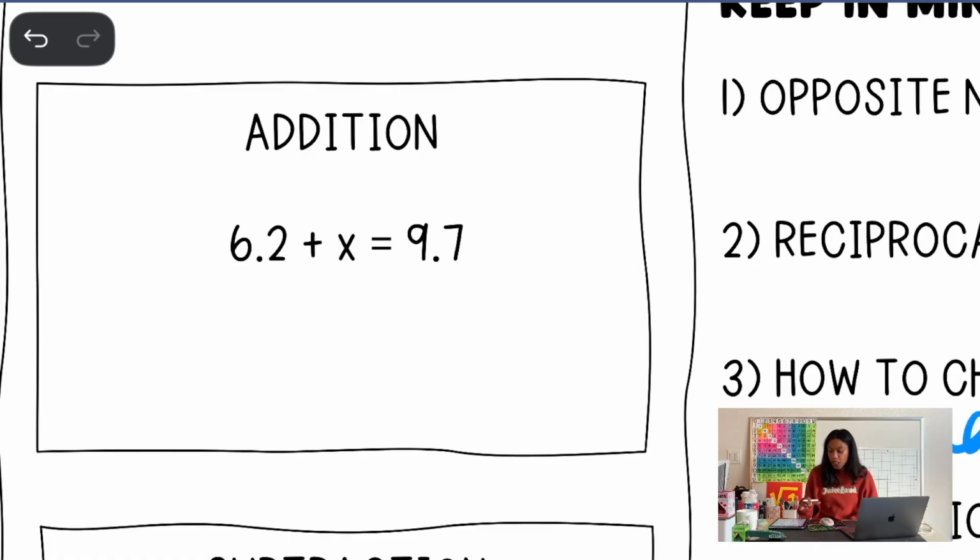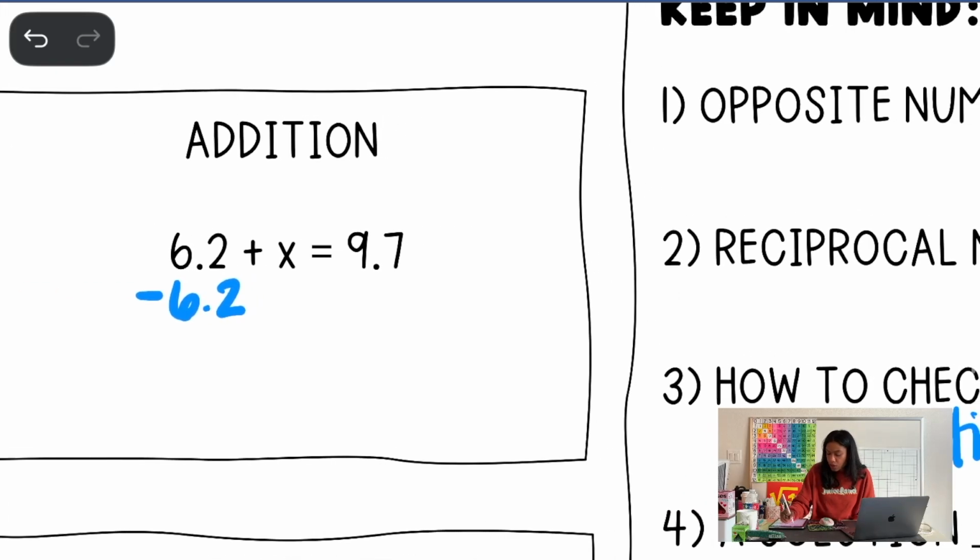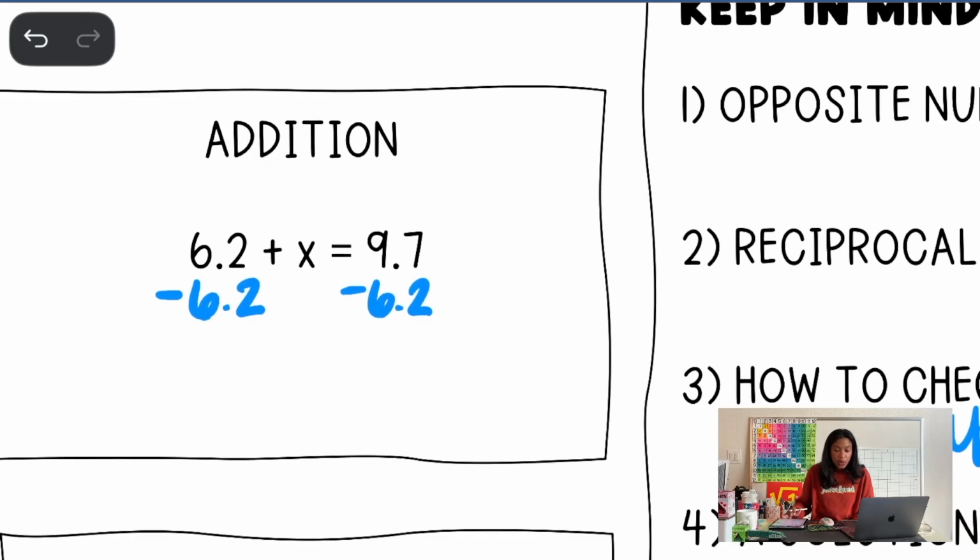Now, remember we said that opposite values have to add to 0. So because we're adding and subtracting, we want the opposite value of 6.2. That's going to be negative 6.2. What I do to one side of my equation, I have to do to the other side of my equation. Remember, the goal is to keep this balanced, right? We're saying that these two sides are equal, so we have to keep doing the same thing to both sides.